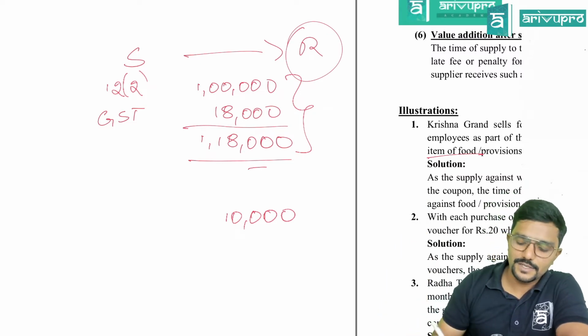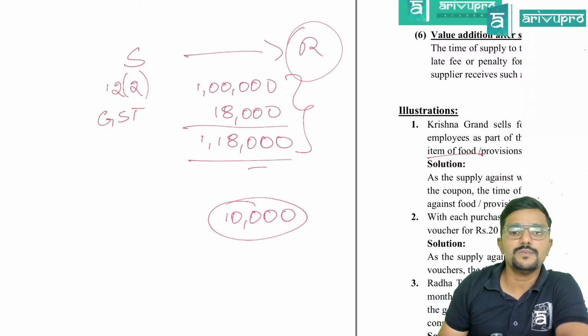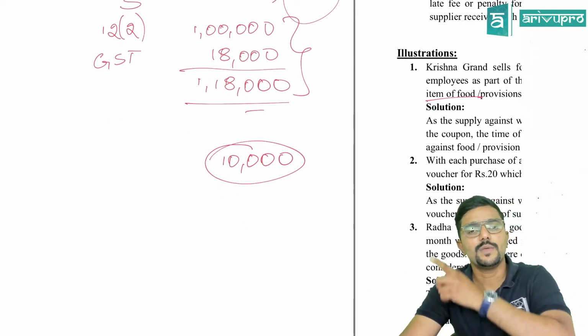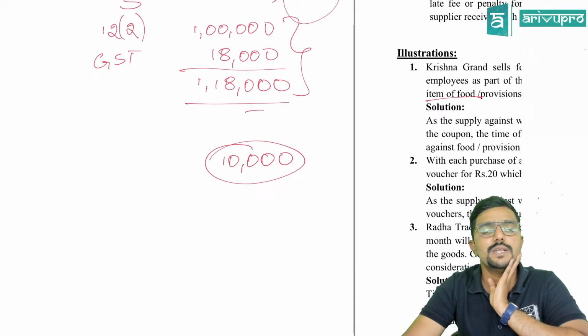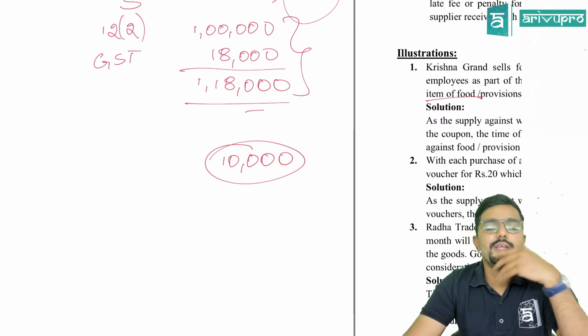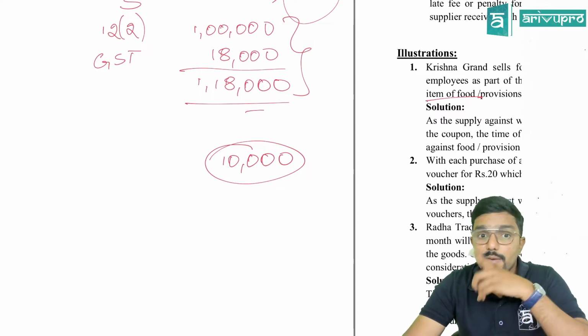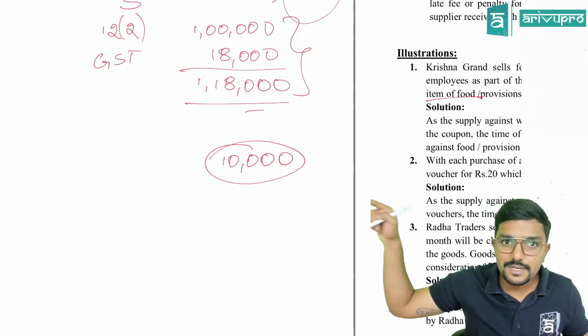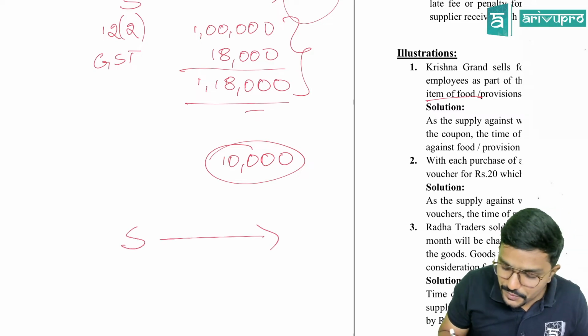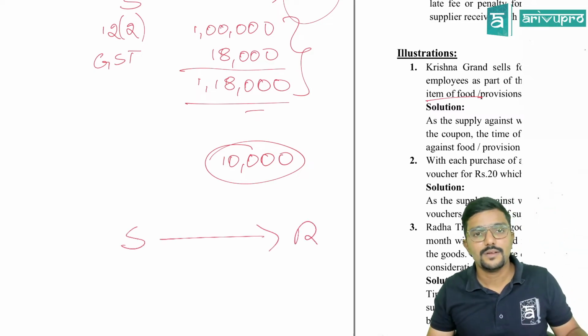But this 10,000 for delay in payment was not recorded in the invoice. I am receiving something in addition. Why? Because the recipient paid the amount later. So I charged some late fee, penalty or interest. And please be careful, whatever is covered in this is the amount which is charged by the supplier to the recipient. Agree?